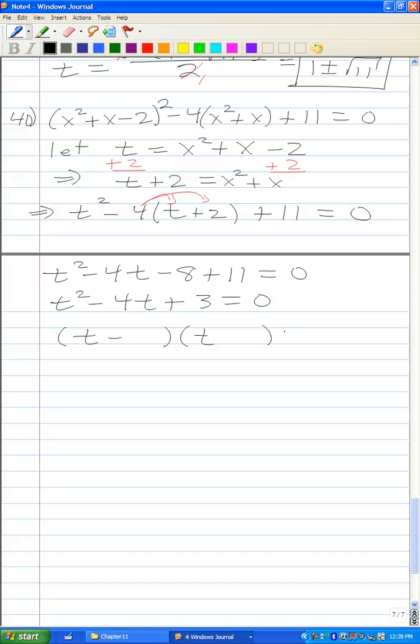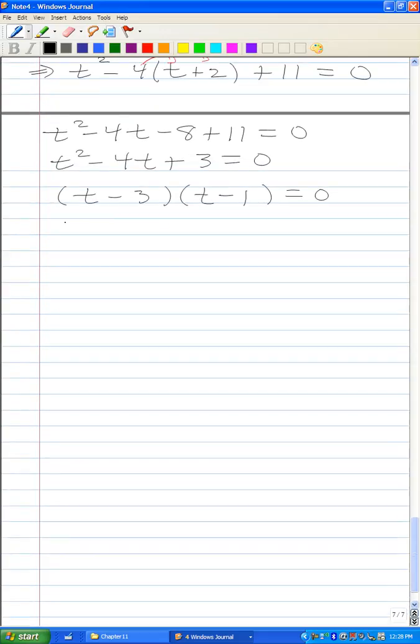And so I can factor. This is a monic quadratic. So it factors as t minus something times t minus something. I want to find two whole numbers whose product is 3 and whose sum is 4. 3 and 1. Set each factor equal to 0 and solve for t. So t minus 3 is 0, or t minus 1 is 0.